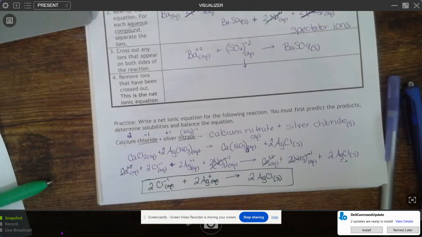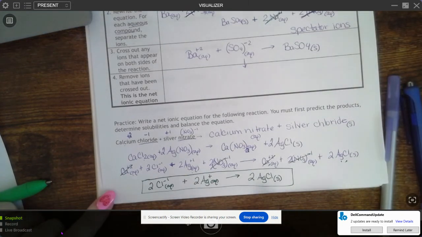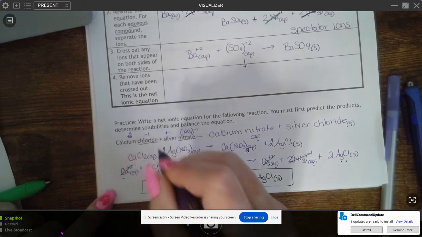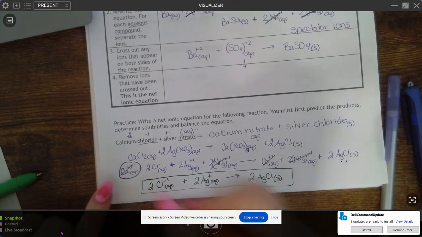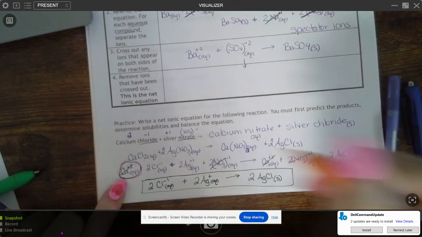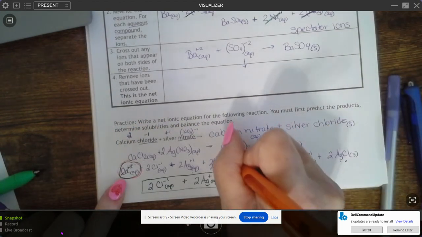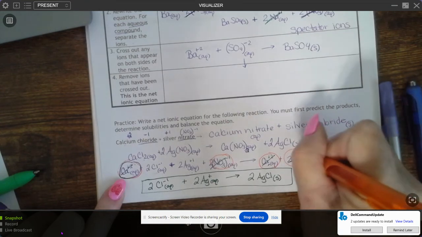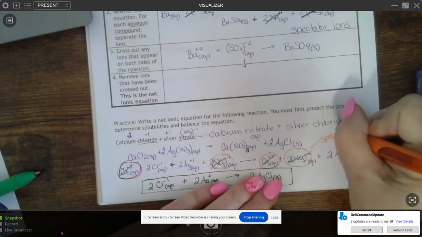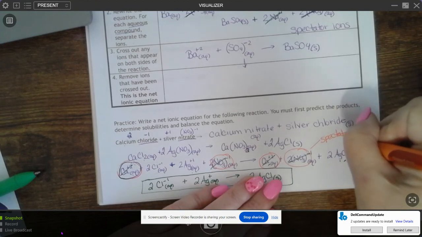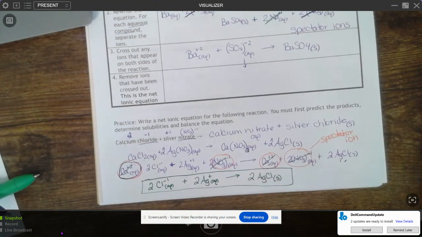In this case, if I asked you what the spectator ions are, you would tell me that calcium is a spectator ion and nitrate is a spectator ion. Meaning that they're just watching. They're not participating in the reaction.